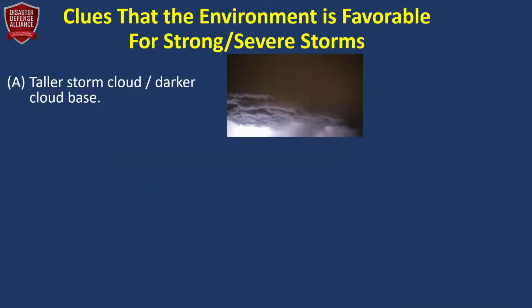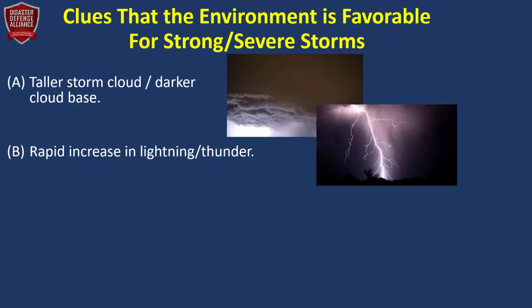Here are some additional clues to look for to assess whether an approaching storm is getting stronger. First, a very dark cloud base usually relates to a very tall storm, so look for a darkening of the rain-free cloud base as a sign of an intensifying storm. Second, the amount of lightning the storm produces relates to storm height as well.